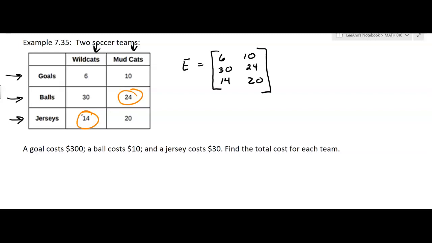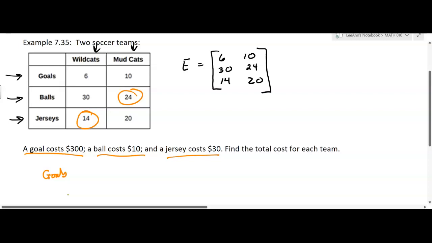We're also given some information that a goal costs $300, a ball costs $10, and a jersey costs $30. I don't want it to be equipment this time, I need to think money, so costs.